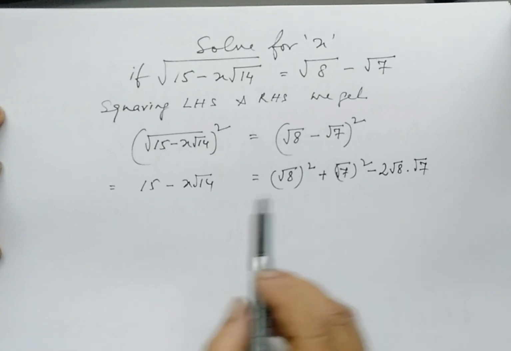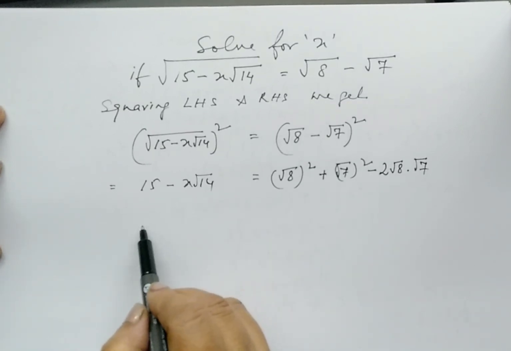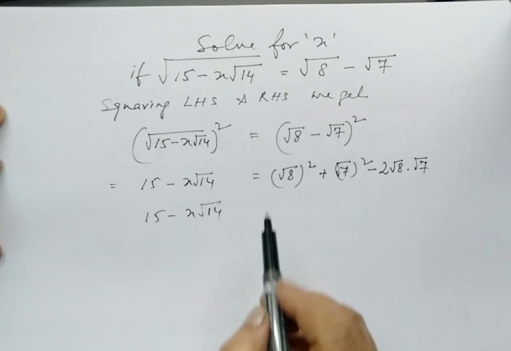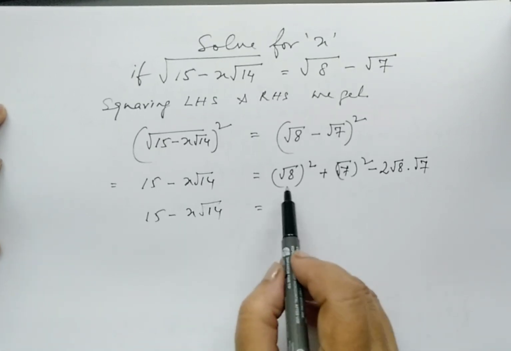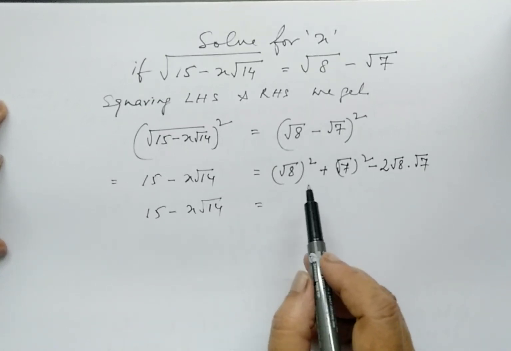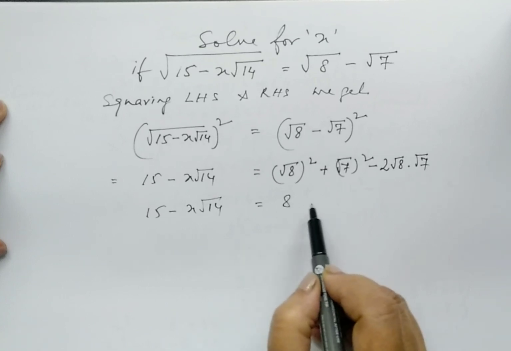So we have, here nothing to do much, 15 minus x root 14, we repeat the whole thing. Here we need to simplify. Root 8 into root 8 is equal to plain 8.